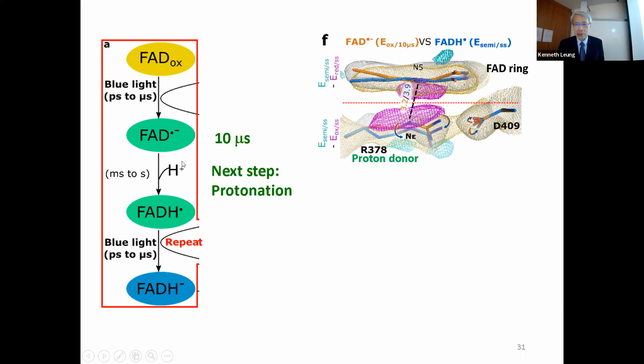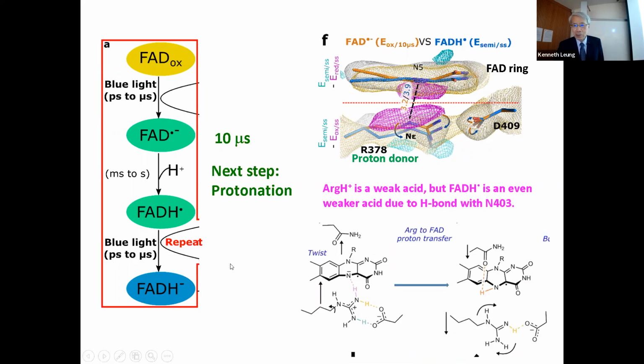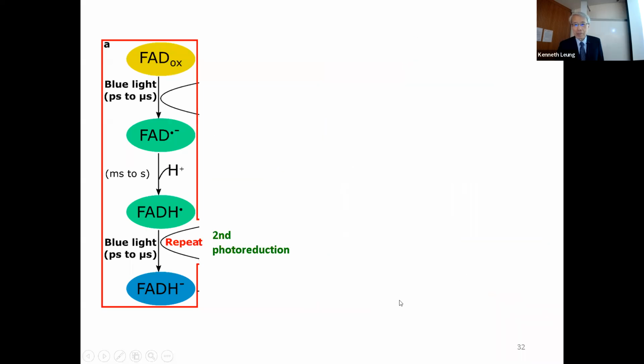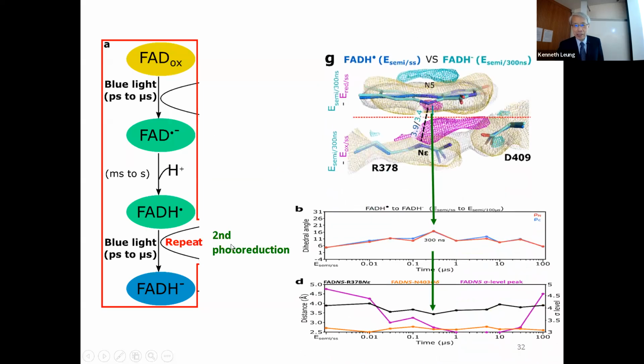I'm not going to go through the details with you again. And then the next thing is we need to do the next step of electron transfer. Again, we go through the same experiment as I explained above, but the changes are somewhat different, though they are similar.